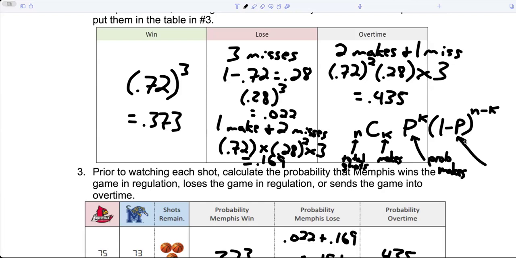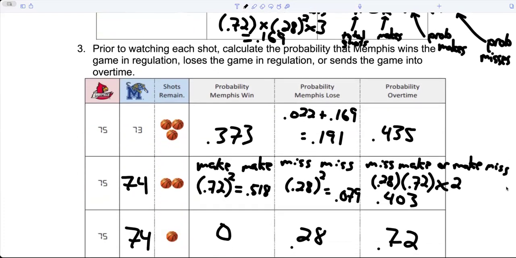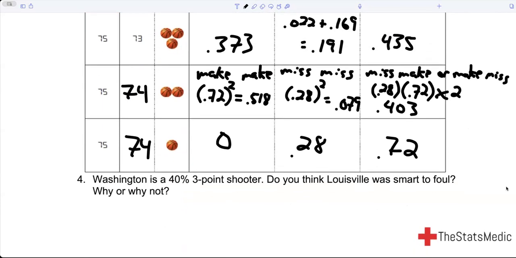And this is the probability that he misses the shot. And so this is a formula for a binomial distribution, okay, which we're going to look at and explore in just a second. But let's answer this last question here.